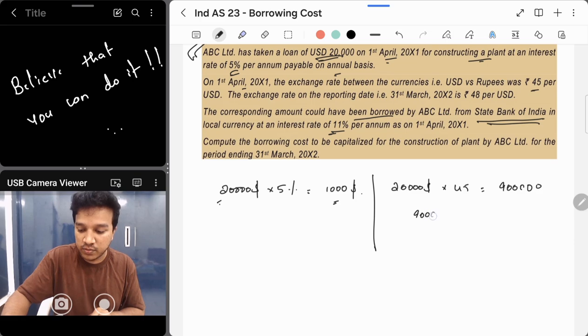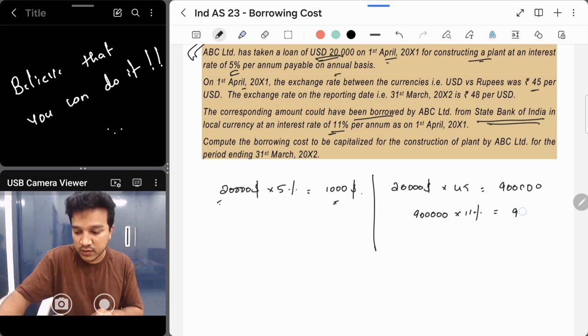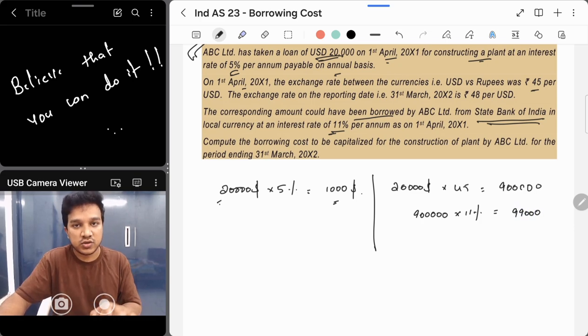So 9 lakhs के ऊपर interest cost would be 11% which comes to 99,000. ओके, अगर इंडिया में लिया होता तो इतना interest cost होता था.